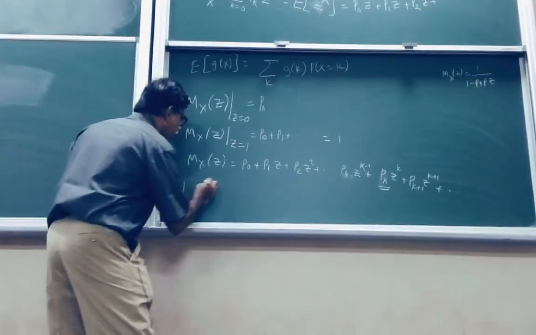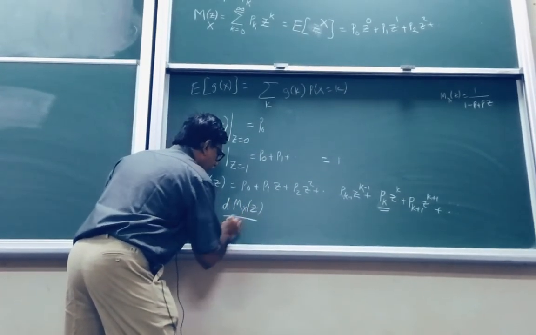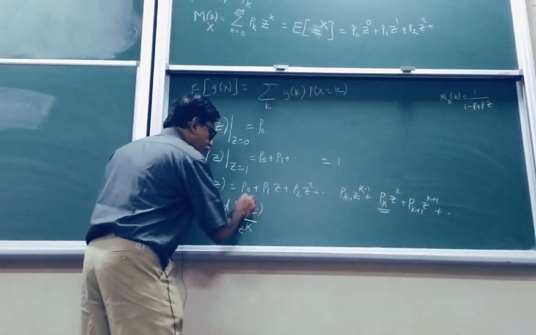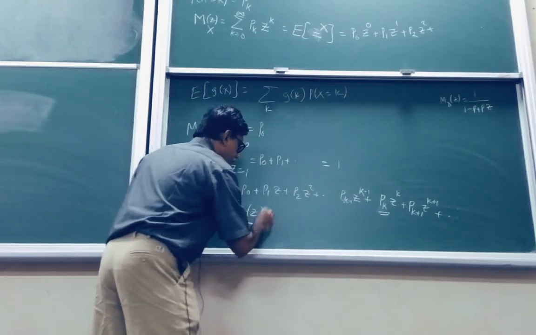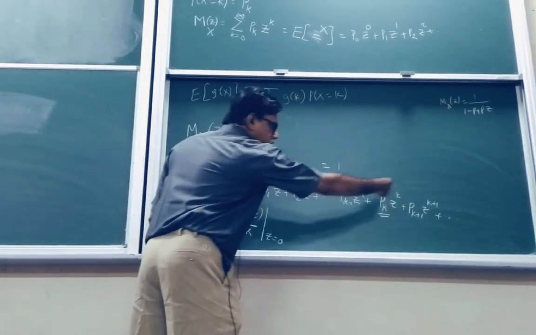So what we can do is d mx of z by d z power 3. If you do that one, all these will go and then put z equal to 0. These things will be gone.